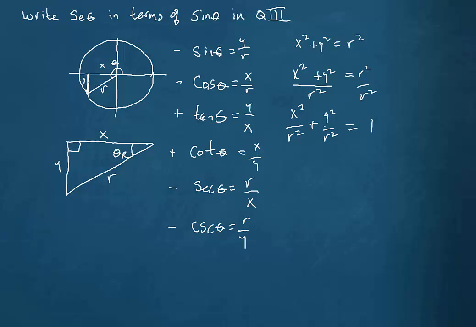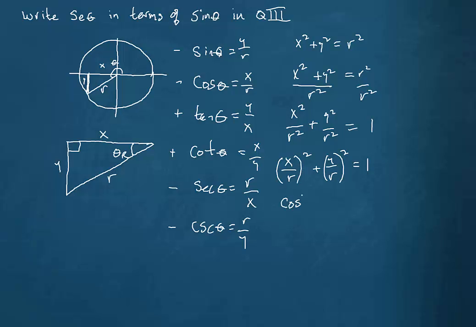We could write each of these quotients as a square. So in other words, we could write it as (x over r) squared plus (y over r) squared equal to 1. But x over r would be just the cosine.